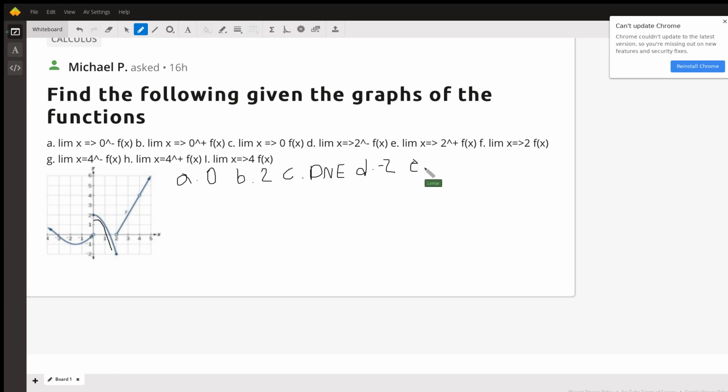For E, we have the limit as x nears 2 from the right because of that positive sign. So from the right, we reach that open circle at y equals 0.